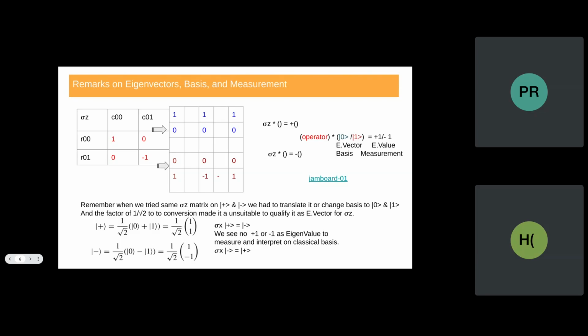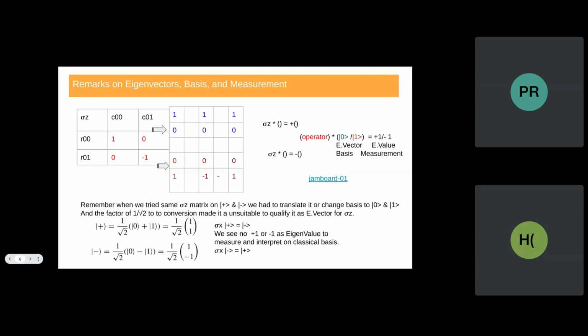In the same way, when you multiply the Pauli matrix sigma z, 1 0 0 minus 1, with ket 1, which is 0 1, spin down, the multiplication goes similarly. The first row, row 0, with the column 0 1 gives 1 into 0 plus 0 into 1, which is 0. Then 0 into 0 plus minus 1 into 1 gives minus 1.